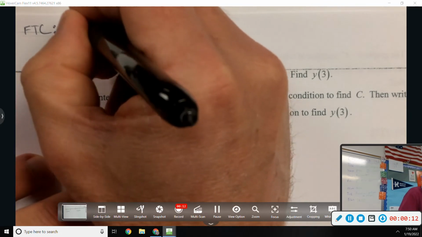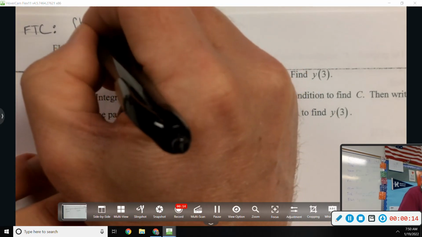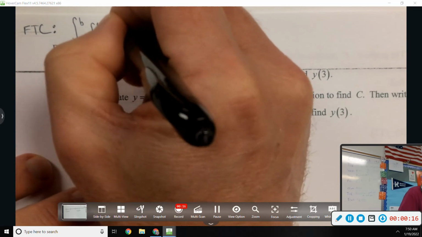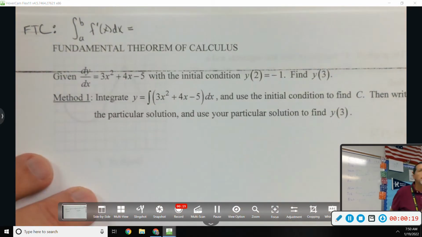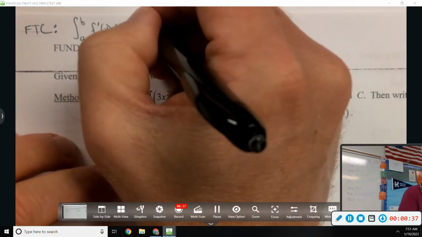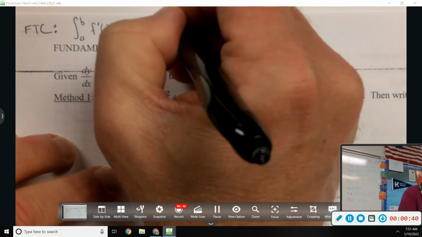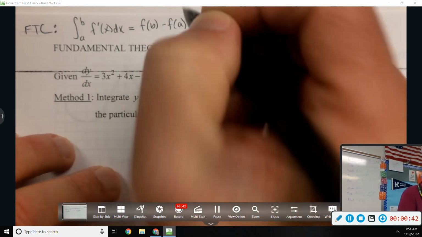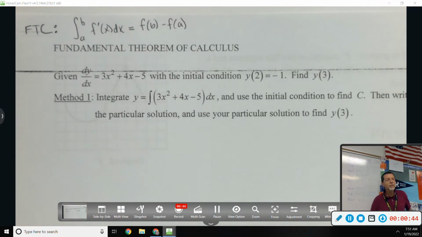The integral from a to b of f prime, so the antiderivative of the derivative, is just f of x with the limits plugged in, so wouldn't that just be f of b minus f of a? And yes, that's the fundamental theorem of calculus.